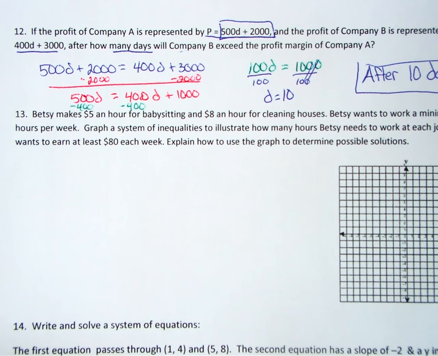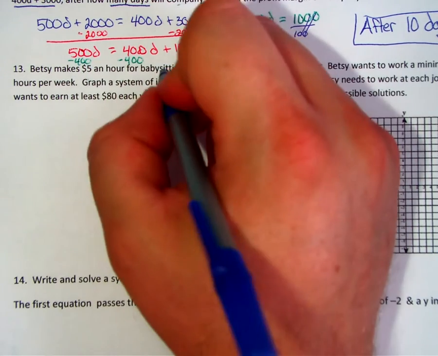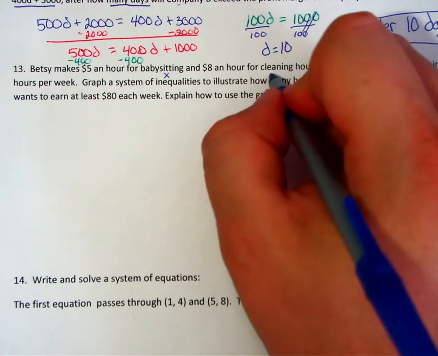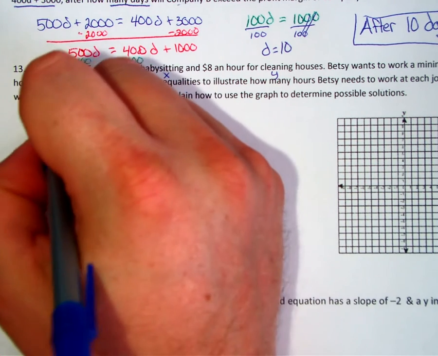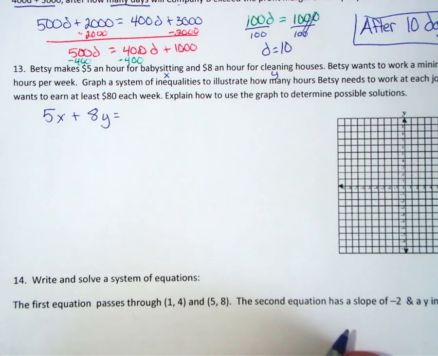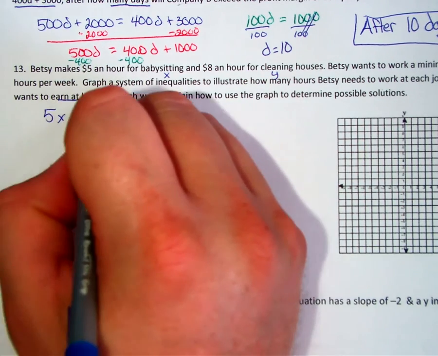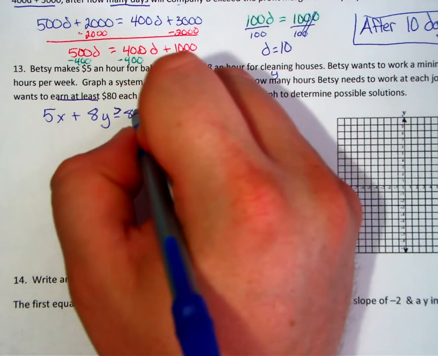So let's first write our equations so we know what we're graphing. $5 for babysitting, and we're going to let babysitting represent X. We're going to let cleaning houses represent Y. So $5 per X plus $8 per Y should equal a total of at least, so we need that value to be greater than or equal to 80.